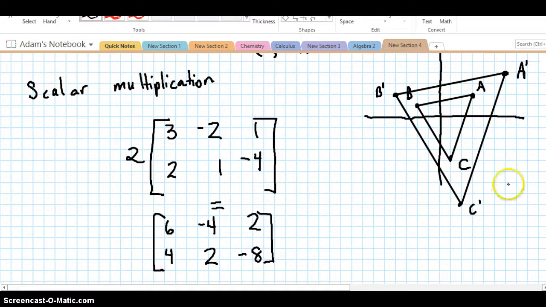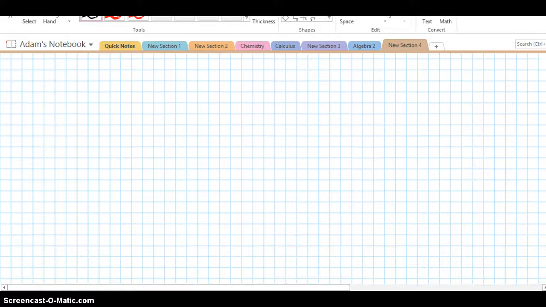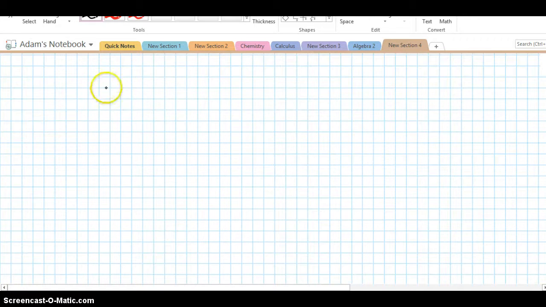Now that was multiplication. Let's now talk about adding two matrices.